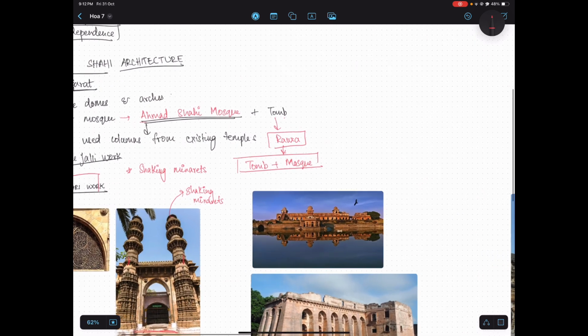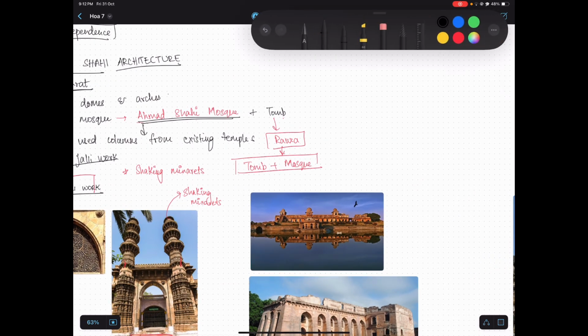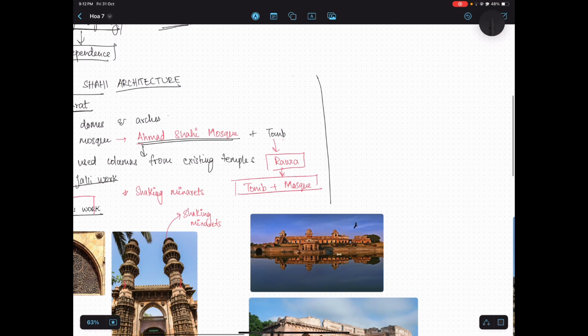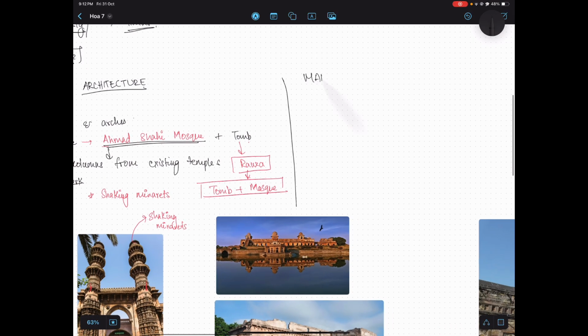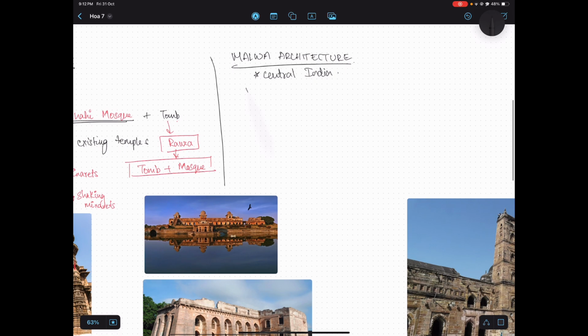Now let's move on to the other provincial state, which is Malwa architecture. This is mostly central India, and it used a lot of features from the Tughlaq dynasty, like the battered walls and the arch plus beam combination.